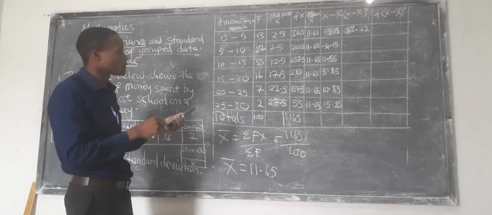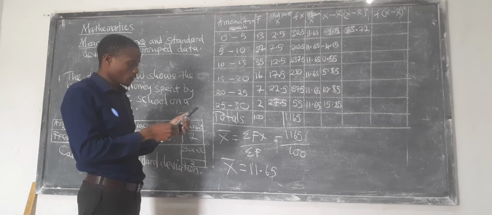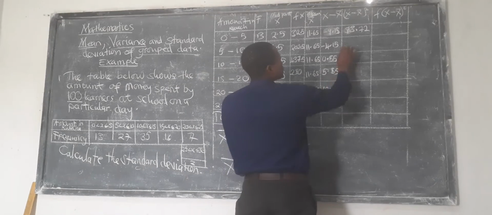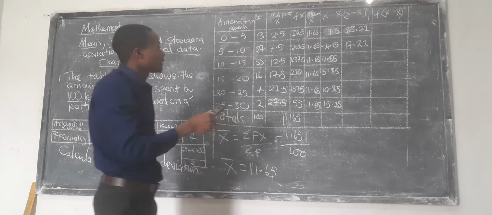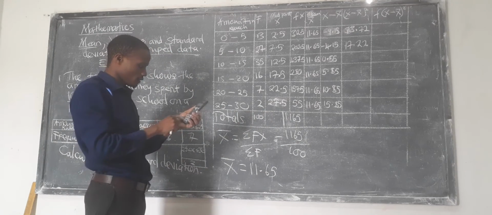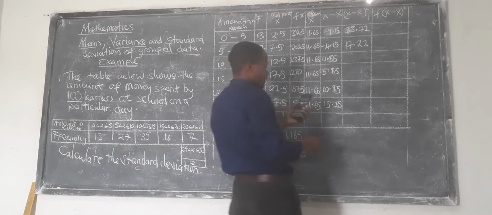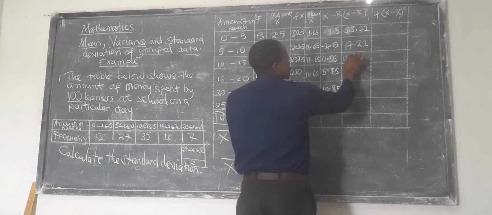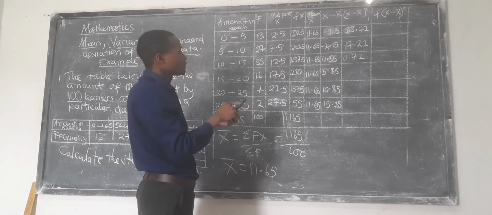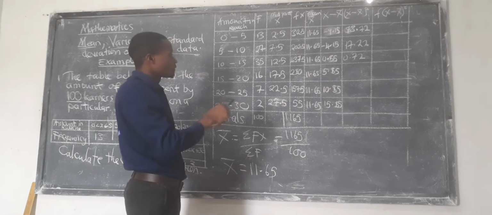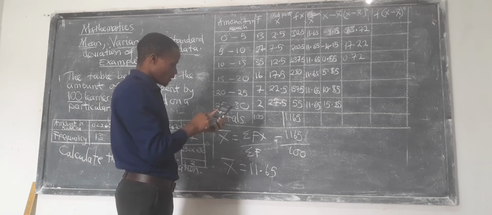Okay, next we have negative 4.15. Negative 4.15 squared is giving us 17.22. Okay, next, 0.85 squared is giving us 0.72. Next we have 5.85.